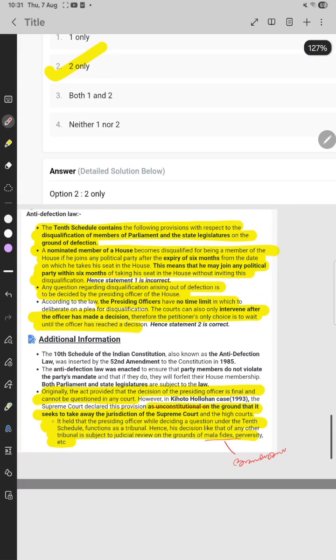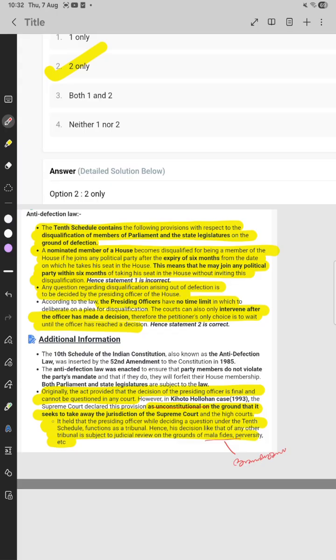The 10th Schedule contains the following provisions with respect to the disqualification of members of Parliament and the state legislatures on the ground of defection. A nominated member of a house becomes disqualified for being a member of the house if he joins any political party after the expiry of 6 months from the date on which he takes his seat in the house. This means that he may join any political party within 6 months of taking his seat in the house without inviting this disqualification.